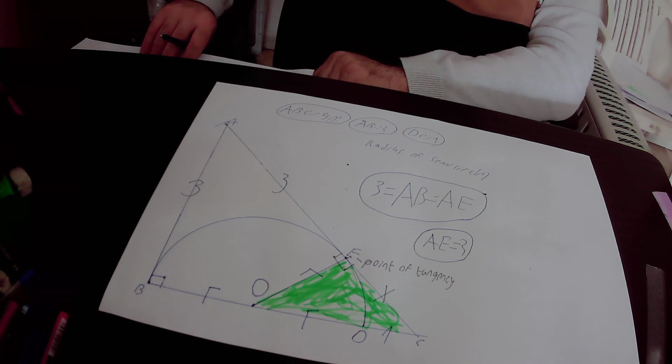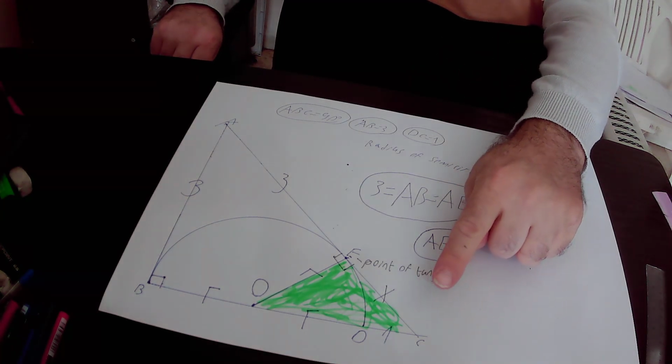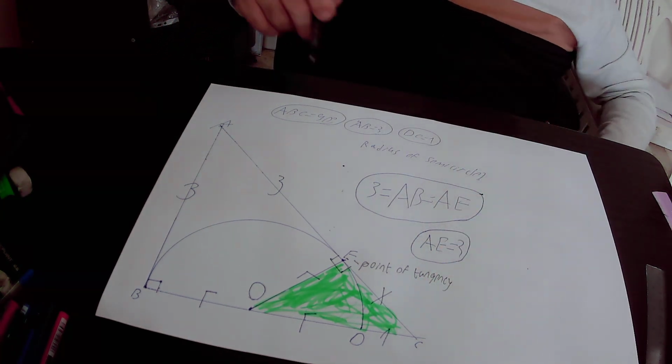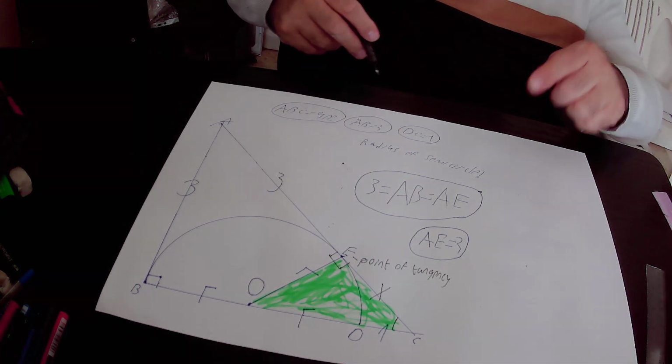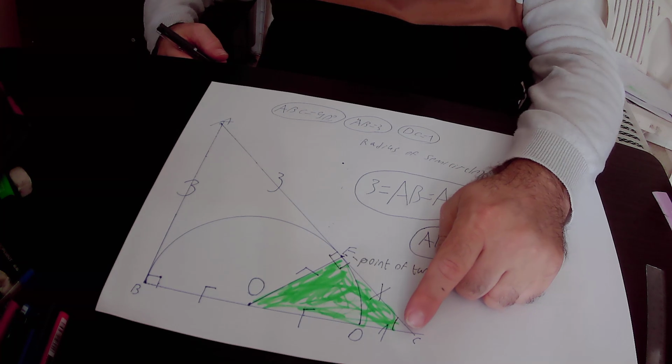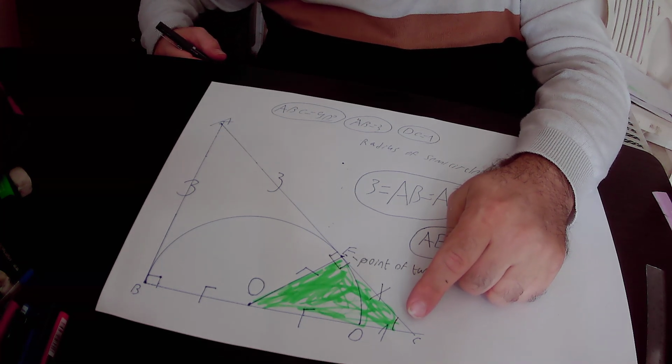And this angle is a common angle, it belongs to both triangles. This angle belongs to triangle ABC, and it also belongs to the green triangle OEC.